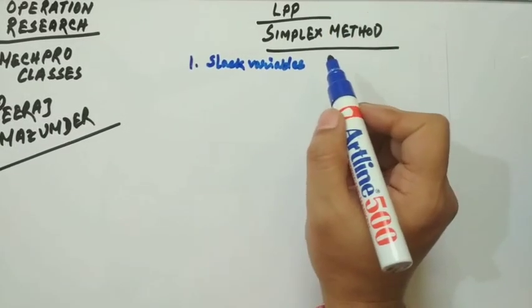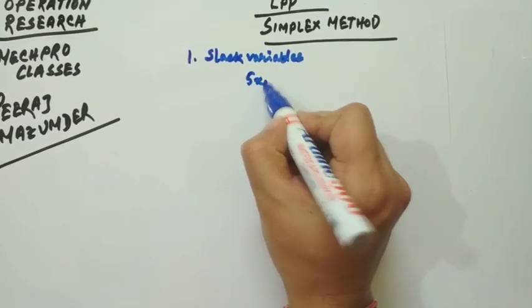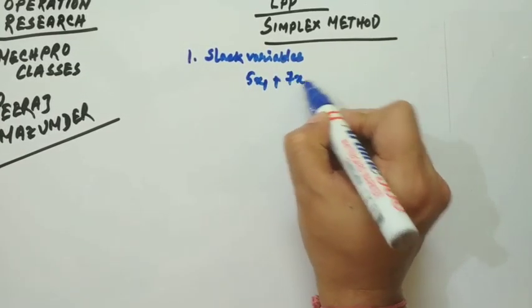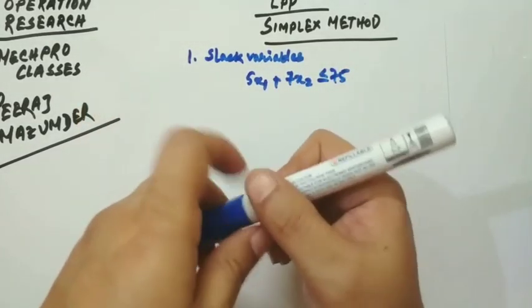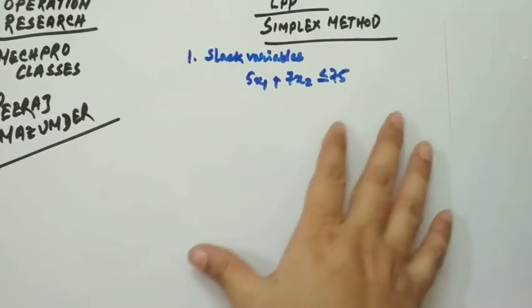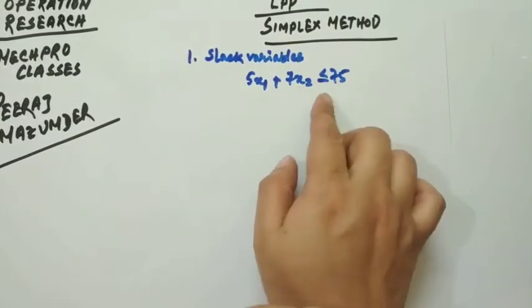So first of all, what are slack variables? Look, suppose we have the inequality 5x1 plus 7x2 less than or equal to 75. For solving LPP using the simplex method, we have to convert this inequality into an equality.